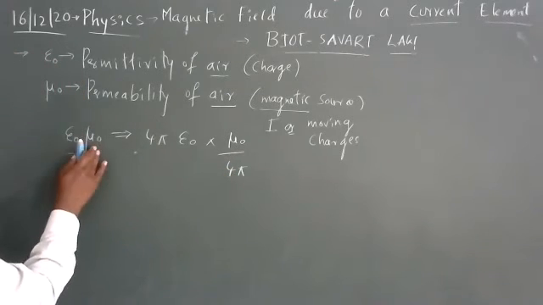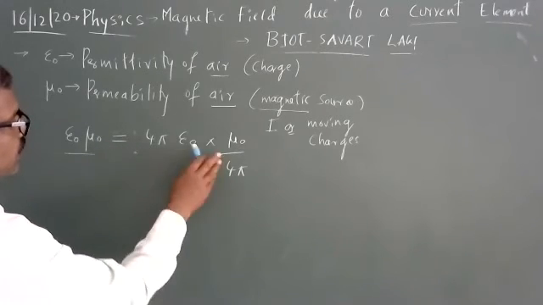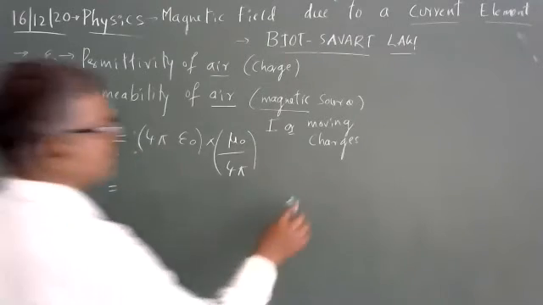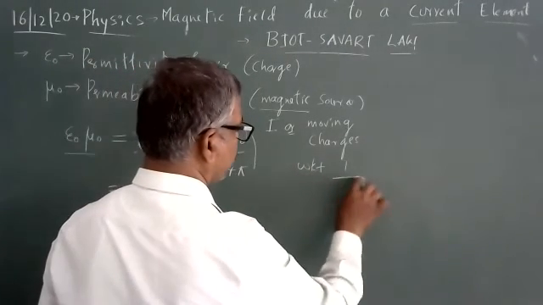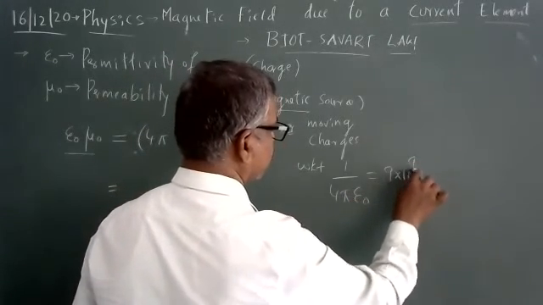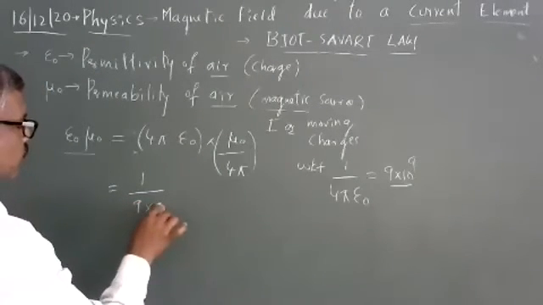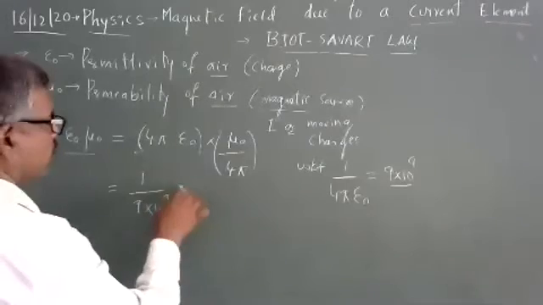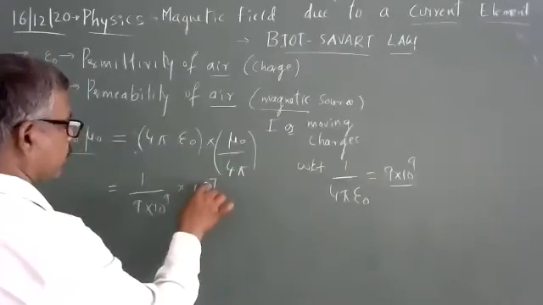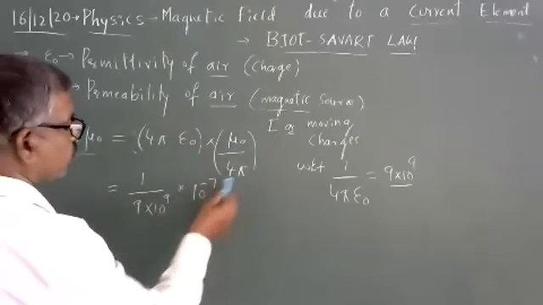This product epsilon 0 mu naught equals, the 4 pi nullifies, and this is the value. And we know that 1 upon 4 pi epsilon 0 is equal to 9 into 10 raised to plus 9. So it becomes inverse, 1 upon 9 into 10 raised to plus 9, into the already written 10 raised to minus 7. So 4 pi epsilon 0 is this, and mu 0 upon 4 pi is 10 raised to minus 7.